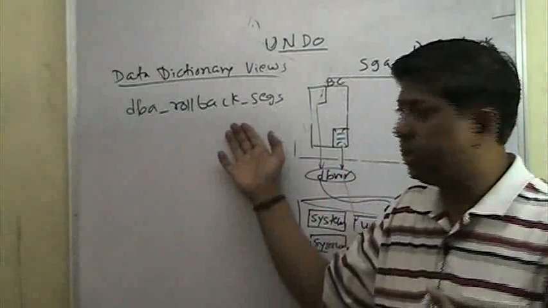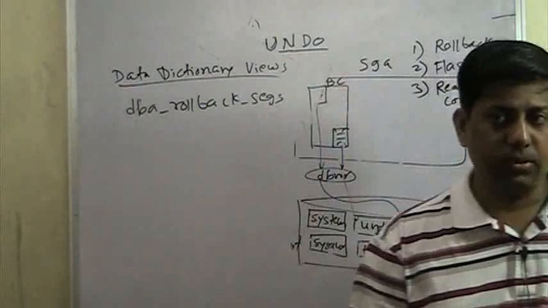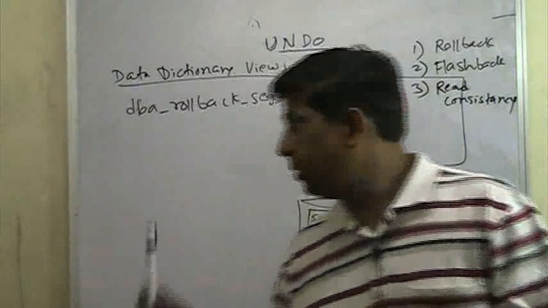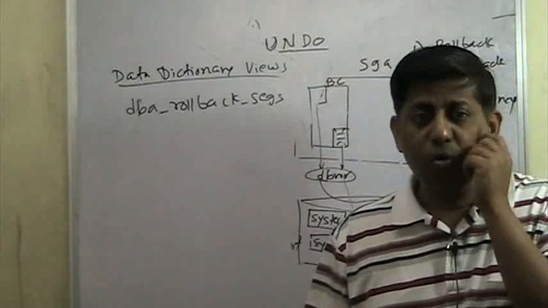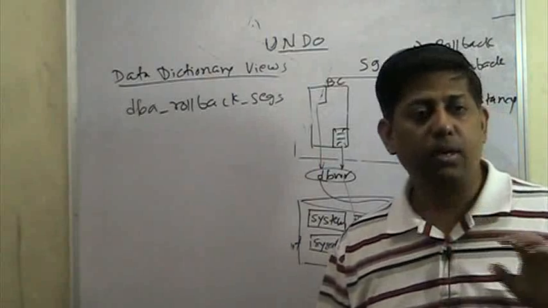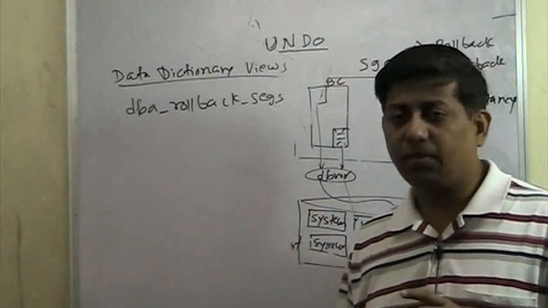That's why you will still see many data dictionary views with the name rollback. They were called rollback segments, now they are called undo segments. So this data dictionary view will show you how many undo segments are available in your database.